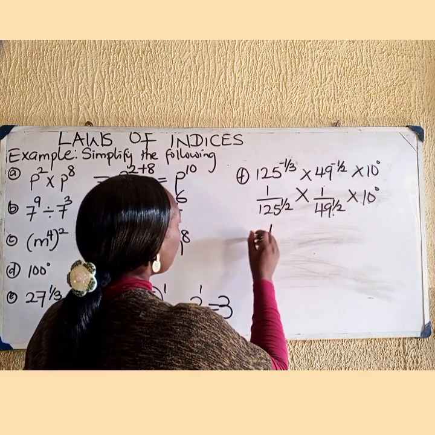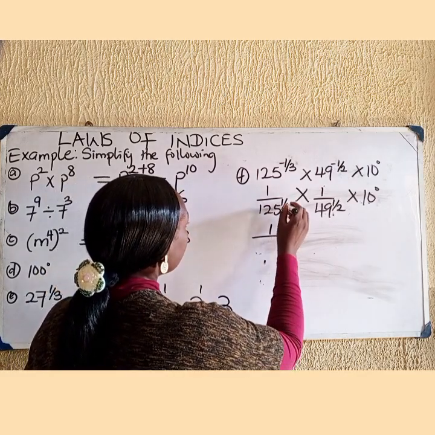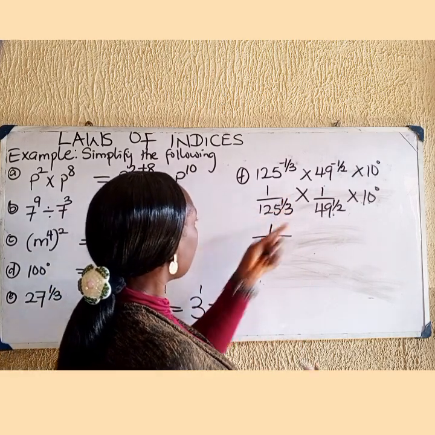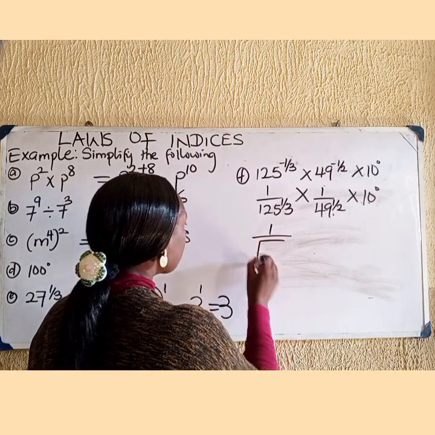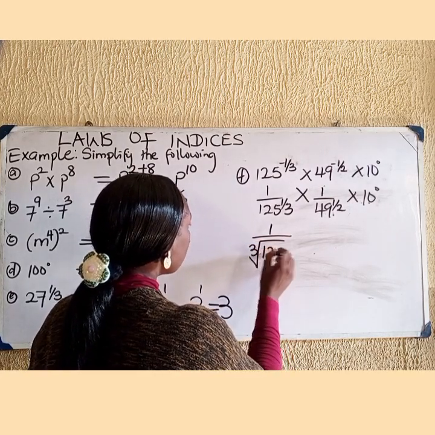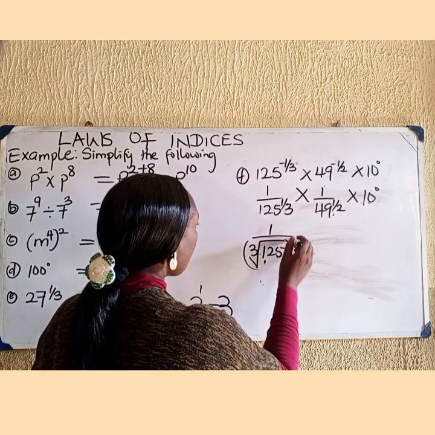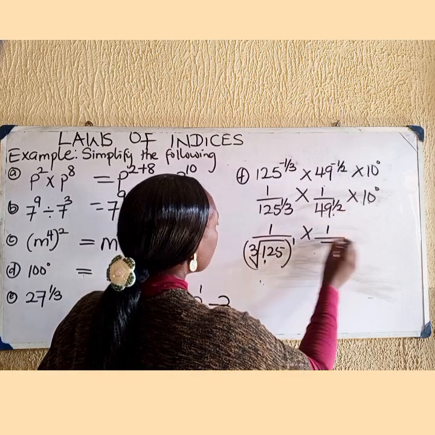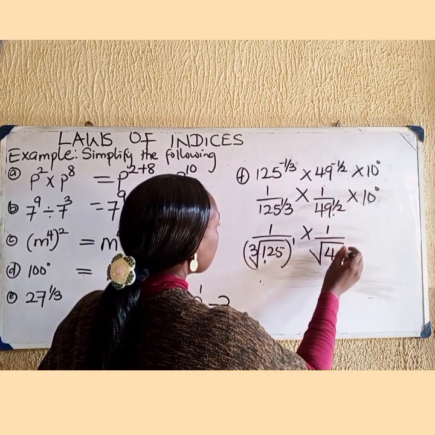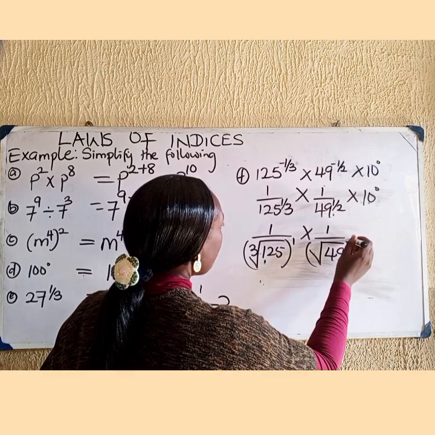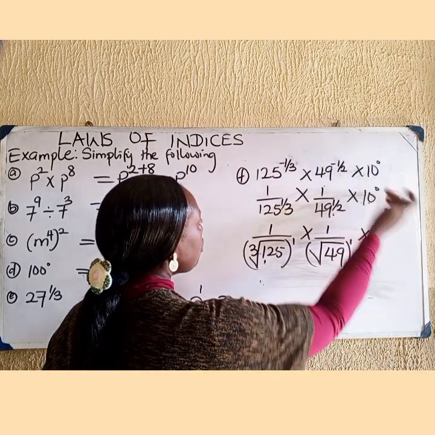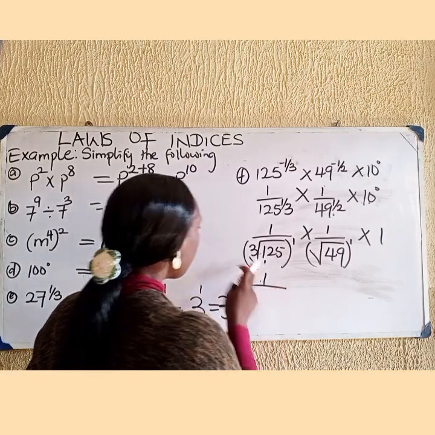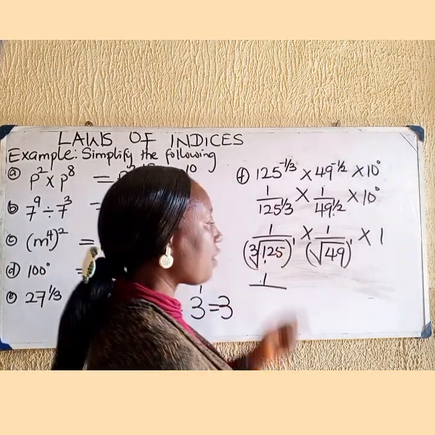Now this is 1 over 125 raised to power 1 over 3, which is the same thing as the cube root of 125, all raised to power 1, times 1 over the square root of 49 raised to power 1, times any number raised to power 0 will give me what? 1. Now this is 1 over the cube root of 125, what is it?